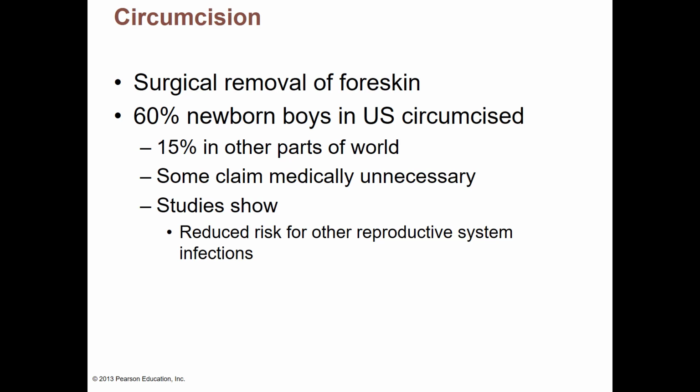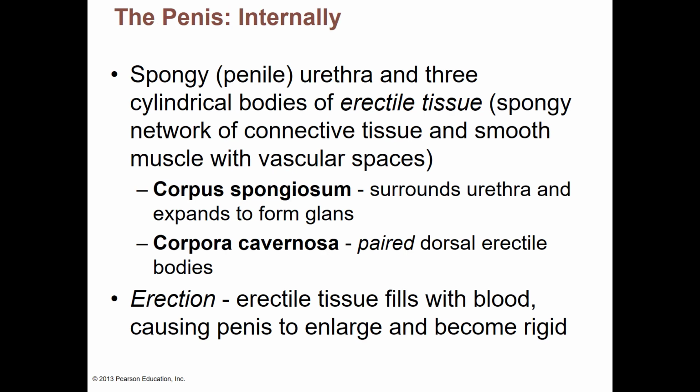Now, inside the penis, it's got different types of tissue that can fill with blood. One, you have the urethra, and you have what's known as the spongy or the penile urethra. It just means the urethra that goes through the penis. And you have 3 cylindrical bodies of erectile tissue. Now, this is a spongy type of tissue, and it's got various types of vascular spaces that can fill with blood during an erection.